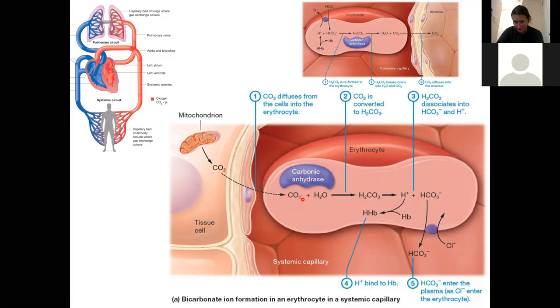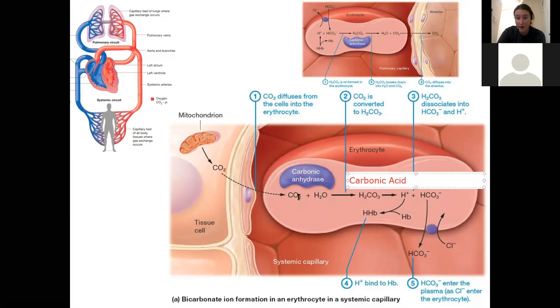Once in our erythrocytes, carbon dioxide is going to be bound to water by an enzyme called carbonic anhydrase. Okay, this enzyme ultimately produces this molecule right here, which I'll add in a word for you here. This is called carbonic acid.